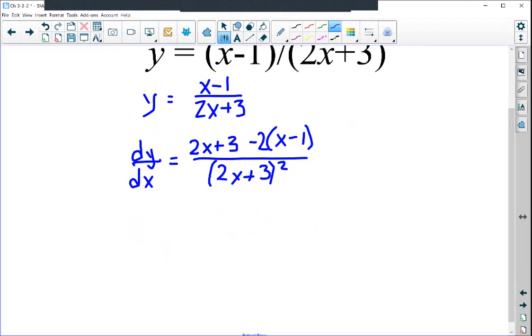So because our function could possibly be reduced, I always simplify when I use the quotient rule.